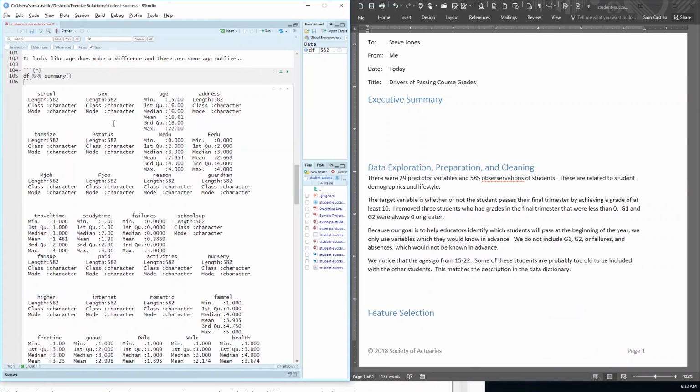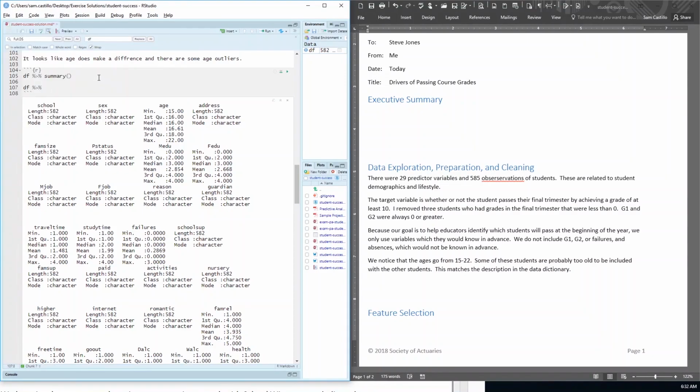Address, family size. So if I have these character variables and I want to see the counts, I can use mutate_if is.character as factor, and then I can do select_if. I can just select the characters, and then summary, as factor, I suppose.